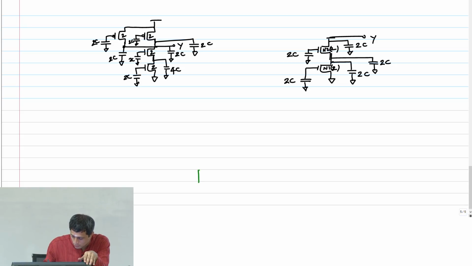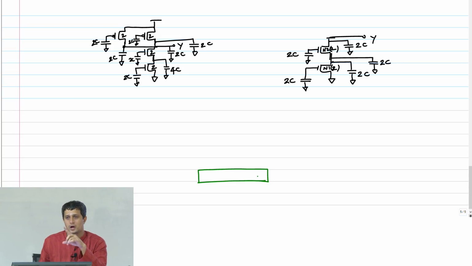So what I'm going to do is I'm going to now go to the layout of this NAND gate. Okay. So I have a width of 2W here and I have two gates. Right, these are my two NMOS transistors which are in series.